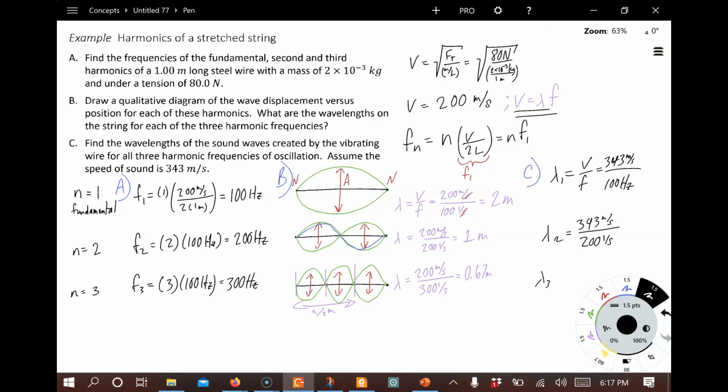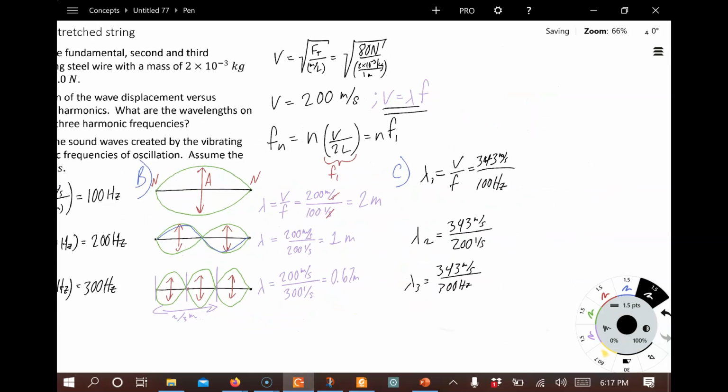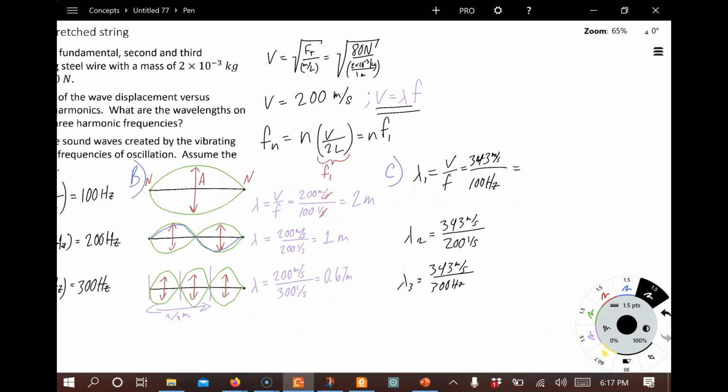And the third one, again, same thing, but frequency of 300 hertz. And in fact, these ones are pretty easy to calculate, since we're going to cancel the 1/2. We will be left with meters, as we want for wavelengths, and then we're dividing by 100, which makes this pretty easy to do. Well, actually, I need to use my calculator for this one.